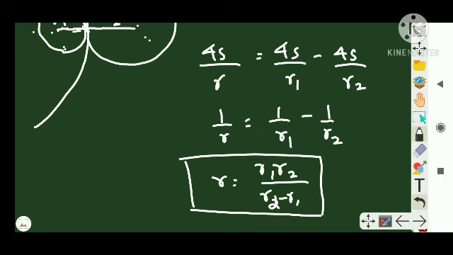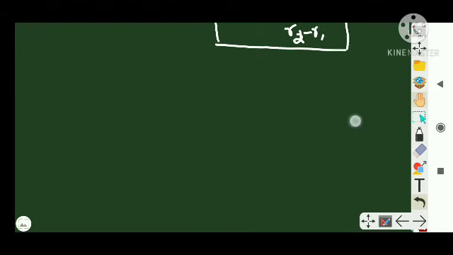Clear? That is the radius of the interface when two bubbles of different radii are in contact: R is equal to R1 R2 divided by R2 minus R1.